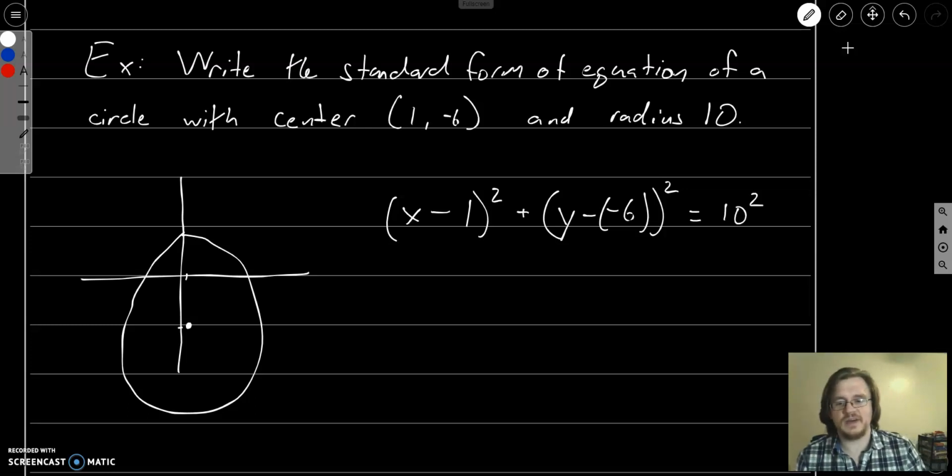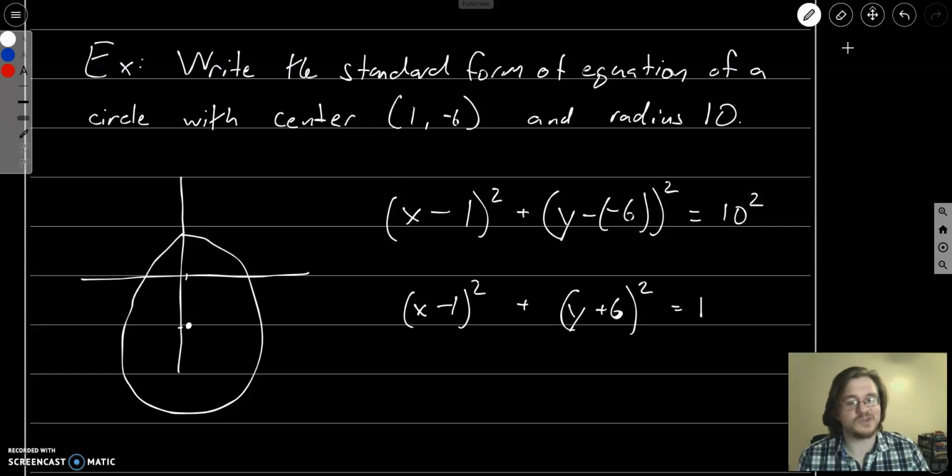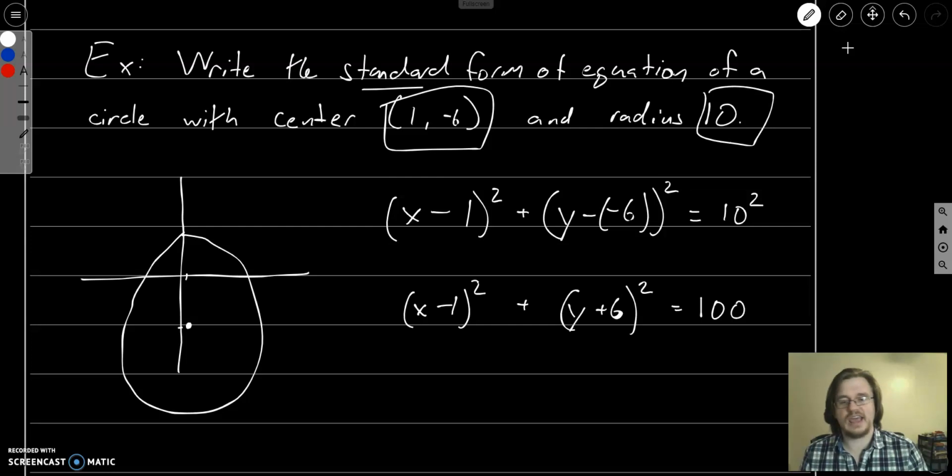Again, simplifying, I can't simplify x minus 1 squared. That's already nice and factored. Here I have y minus a -6, which is the same thing as y plus 6 squared. And 10 squared is 100. So writing down the standard form of the equation for a circle is pretty easy. You only need to know the center and the radius, and you just plug it in.